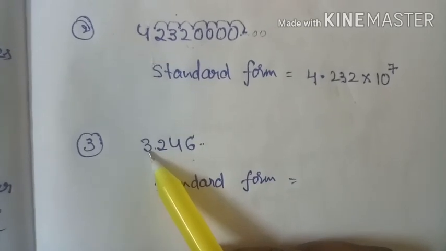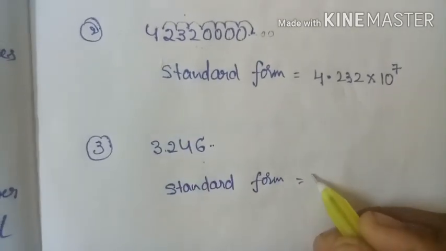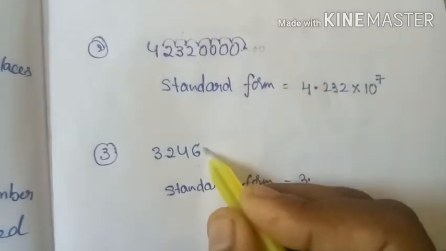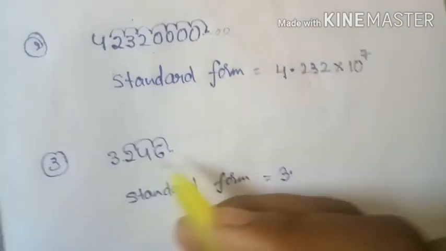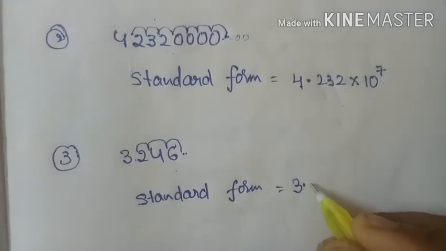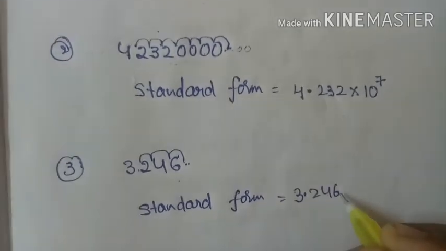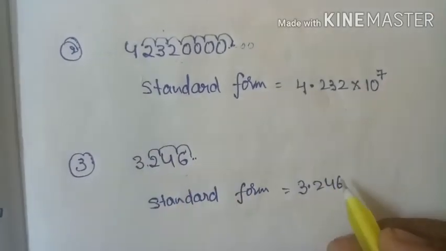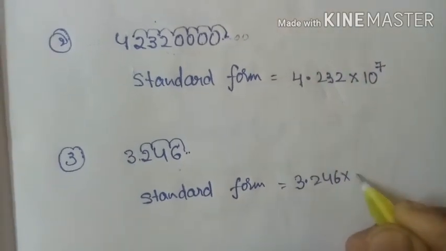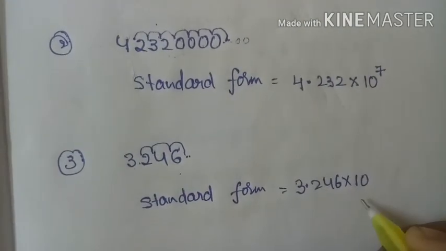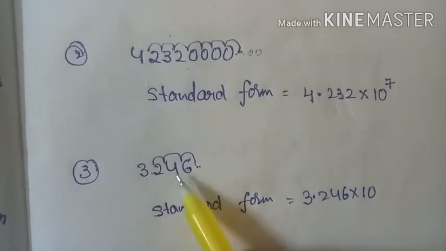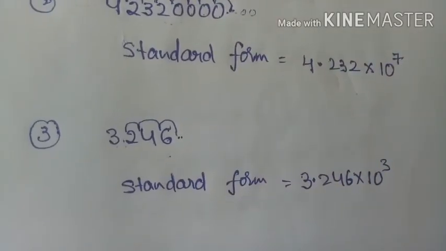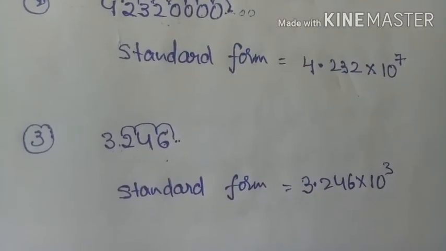So here 3, so write 3 point. How many jumps? 1, 2, 3. So 3 jumps and we get the decimal part. So 3.246, the rest of the number 246, into what is the base? 10. And now the exponent: how many jumps? 1, 2, 3 jumps. So simply write power 3. This is our standard form of the given number.